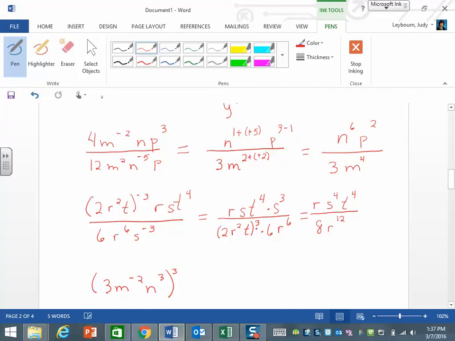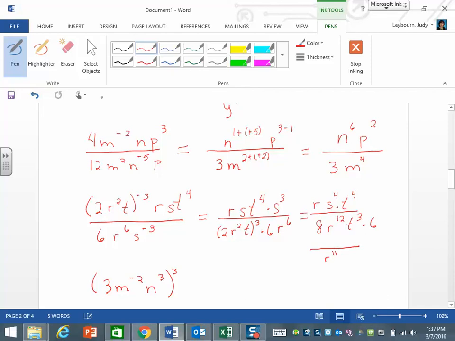And t raised to the third would be t to the third. And then we have times 6. So my final answer, I have 1 r here, and I have 12 of them there. So now that gives me r to the 11th in the denominator, 12 minus 1.